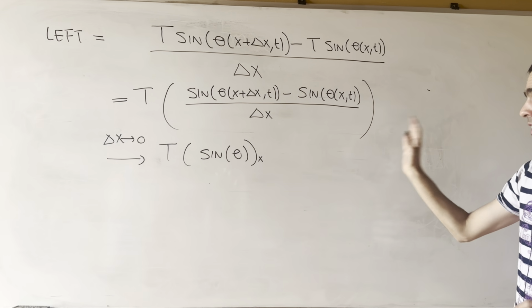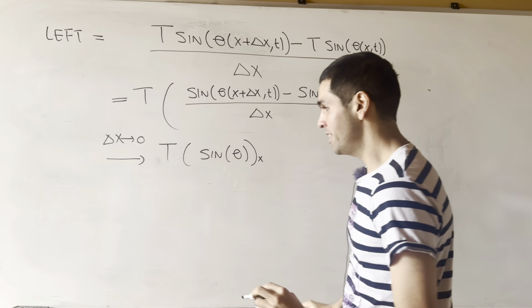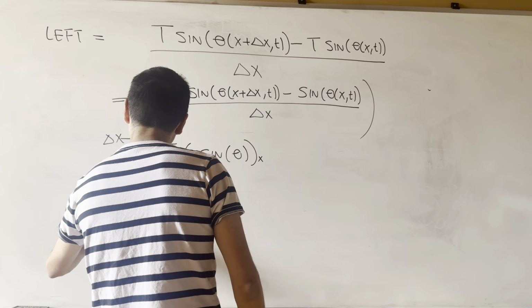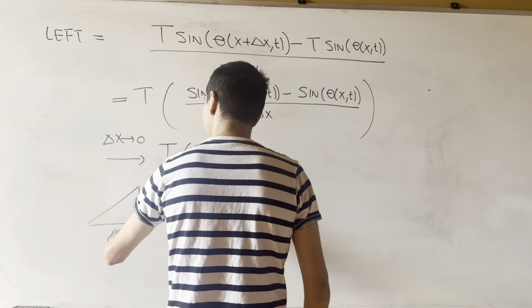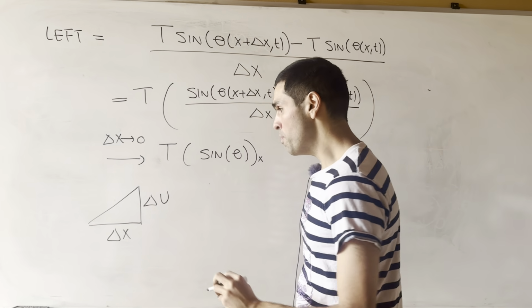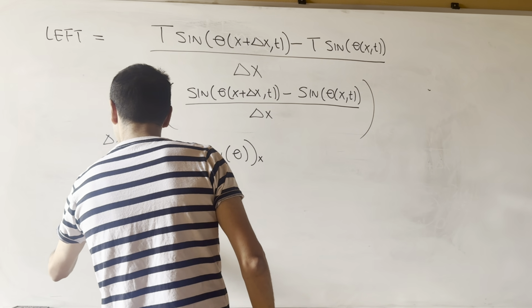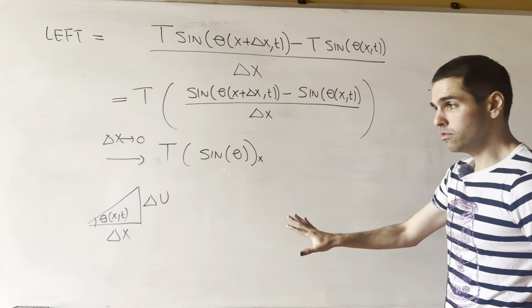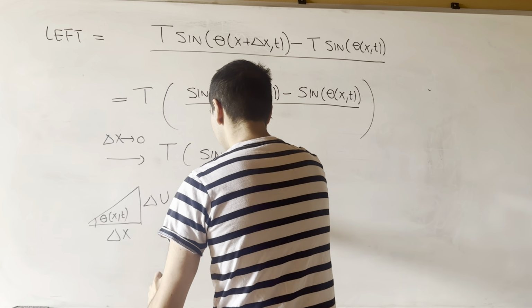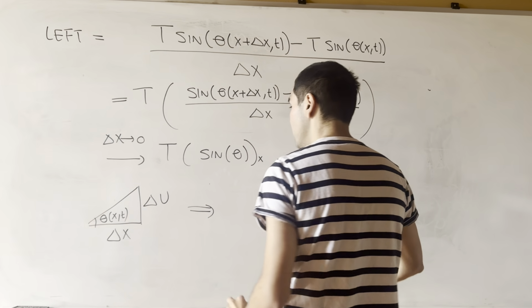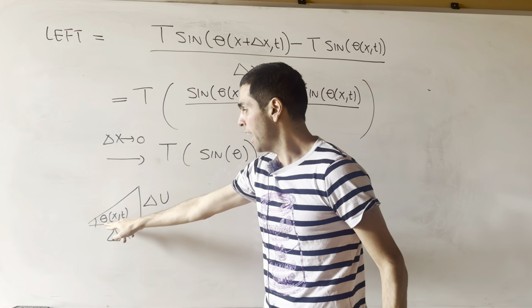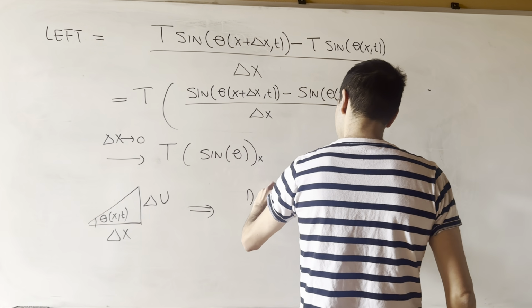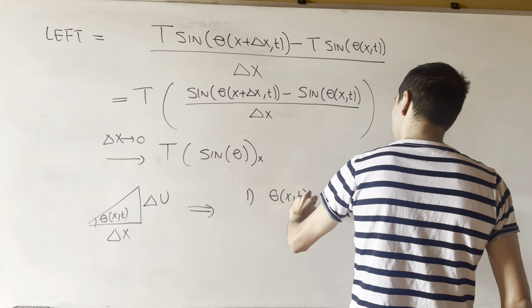And once again, remember a crucial assumption that the relative displacement is small. So if it's this delta x and delta u, we assume this slope is small. And in particular, we have two things. First of all, it implies that the angle is small, so theta of (x, t) is small.